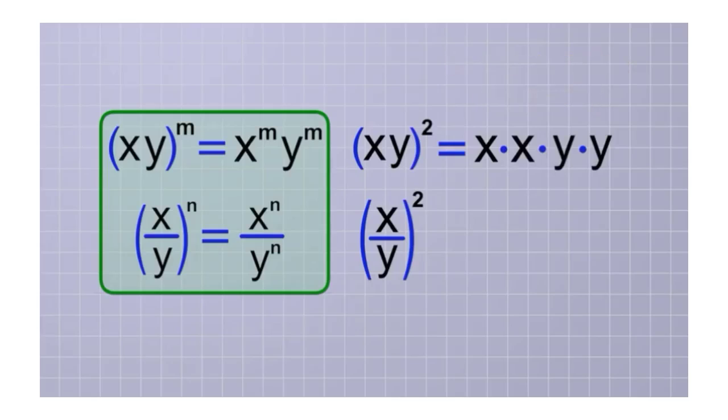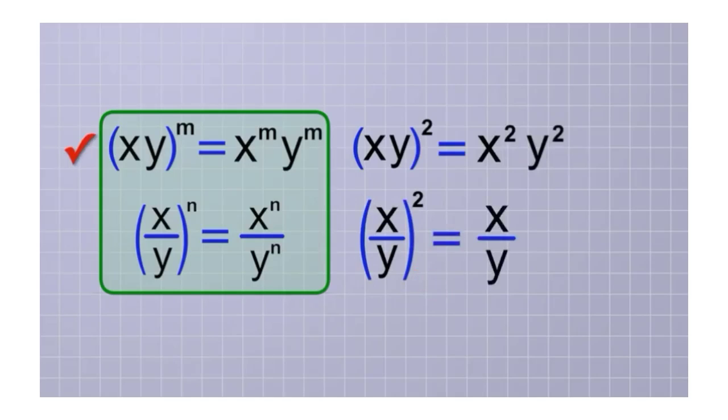But look, we can simplify that into x squared times y squared, so that checks out. In the second expression, we have the quantity x over y, squared. That's the same as x over y times x over y. To multiply these fractions, we just multiply the tops and multiply the bottoms, which gives us x times x over y times y. And that simplifies to x squared over y squared. So that one checks out too.